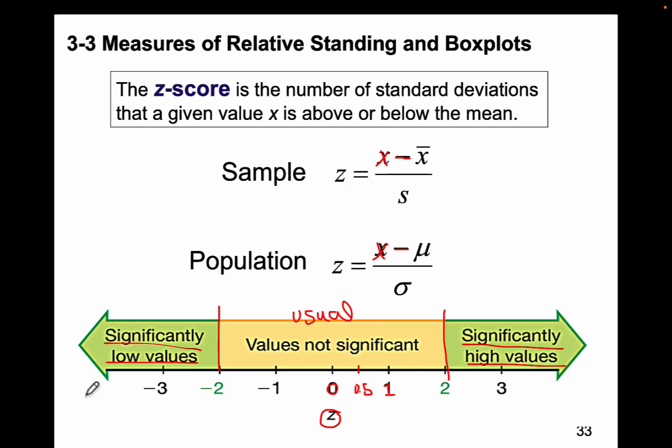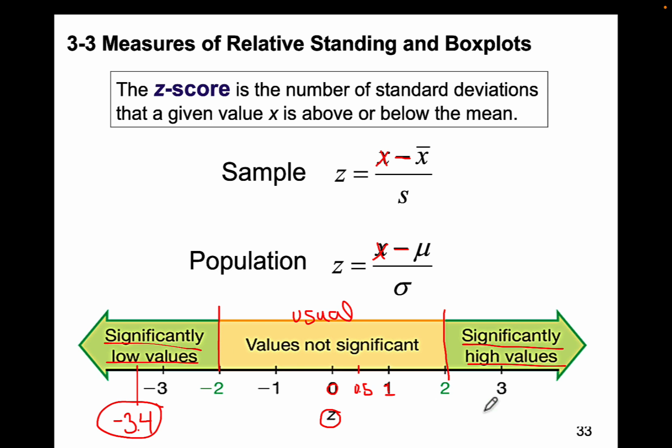So if you have a Z-score of, let's say you're out here, this might be a Z-score of -3, let's go with -3.4. A Z-score of -3.4 would be considered a significantly low value.